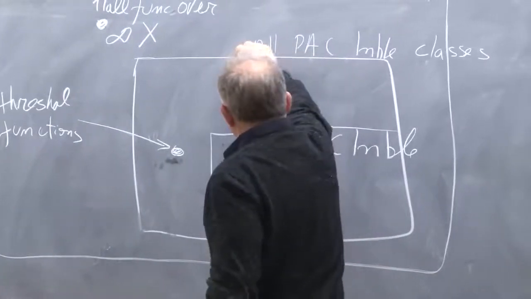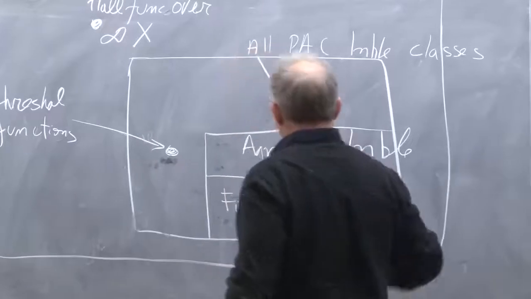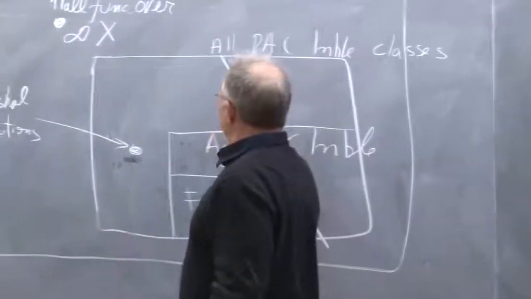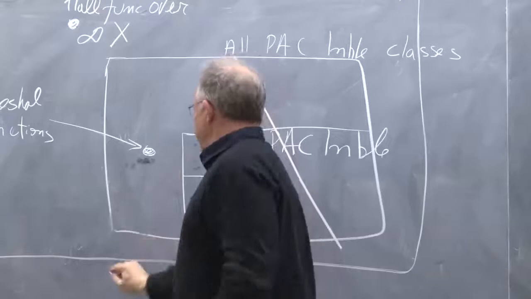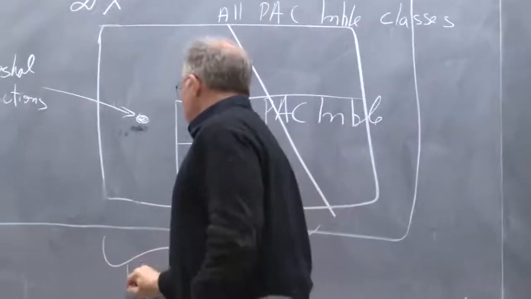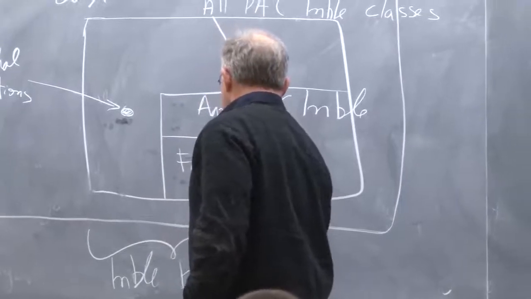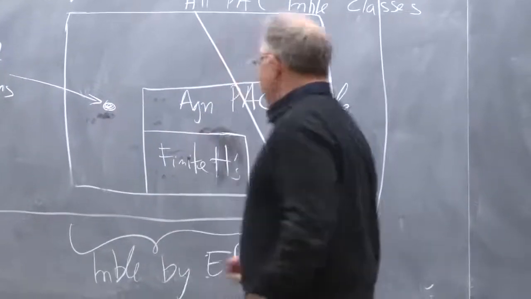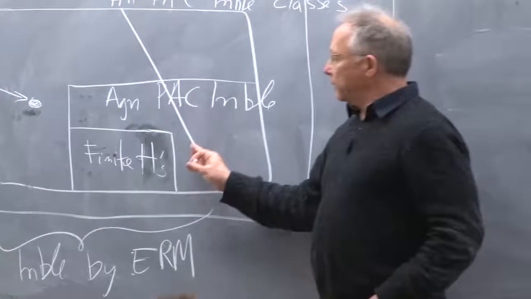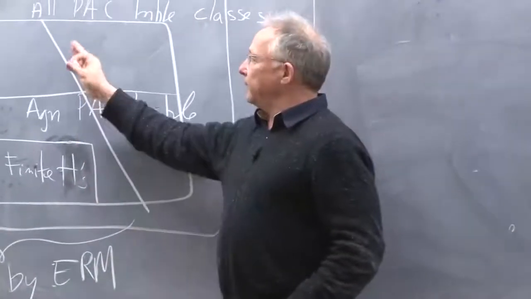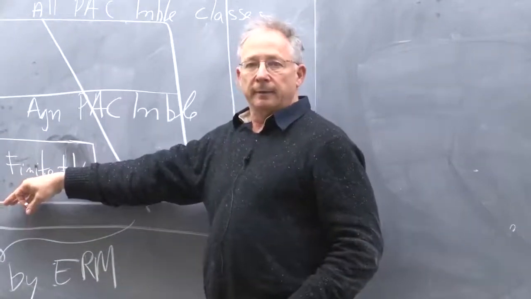And if I want to draw the line, it will be something here. So this will be learnable by ERM. Here I mean agnostic learnable by ERM, and here I mean PAC learnable by ERM.